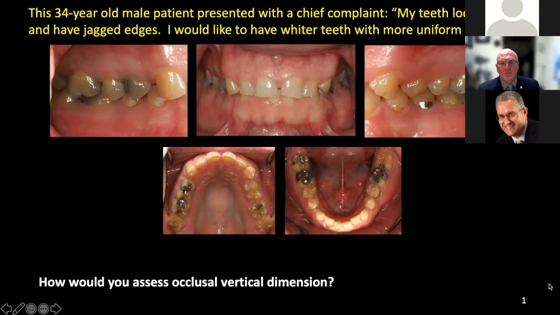How would you assess occlusal vertical dimension? In this patient, I would probably look at maybe using phonetics and aesthetics to look at vertical dimension.